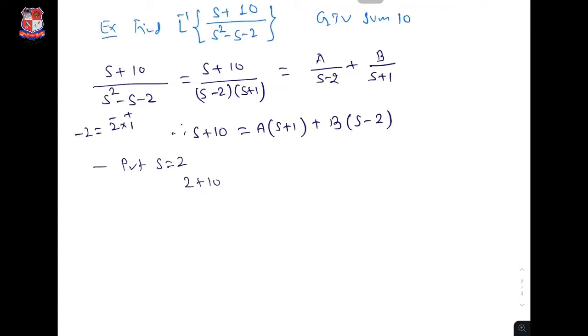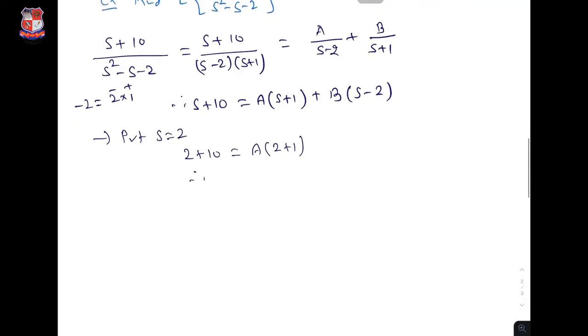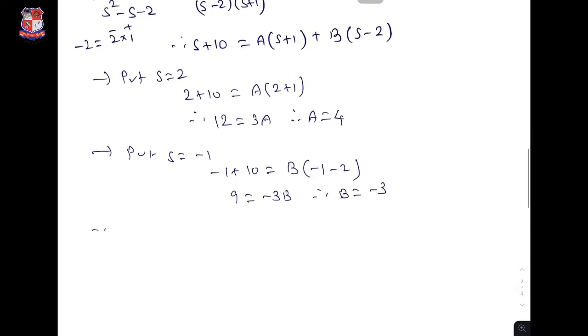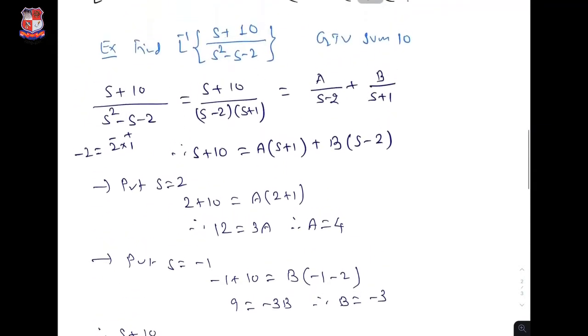Then 2 plus 10 equals A into 2 plus 1, so 12 equals 3A, and therefore A equals 4. Next, put s equal to minus 1. So minus 1 plus 10 equals B into minus 1 minus 2, so 9 equals minus 3B, and therefore B equals minus 3.